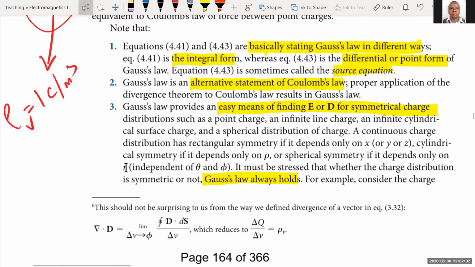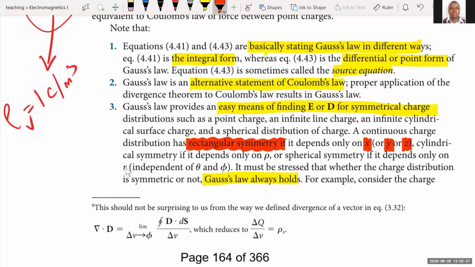So notice we are saying 3 important points here regarding the 3 possible symmetries. I should highlight this because they are important and have different characteristics. The rectangular symmetry depends on x, or y, or z.